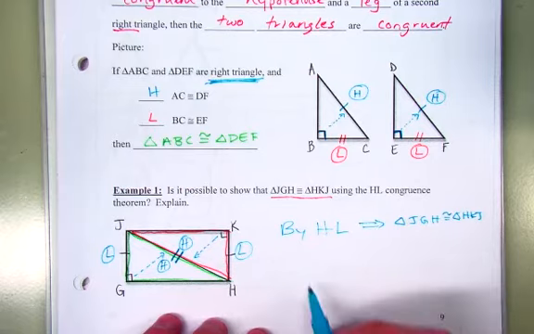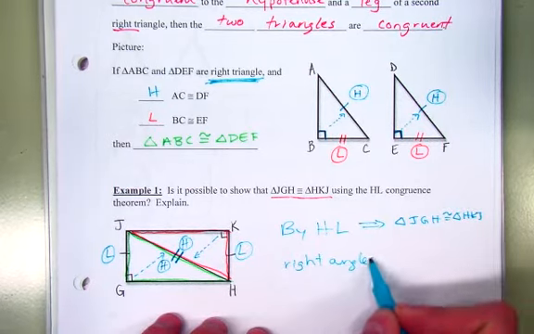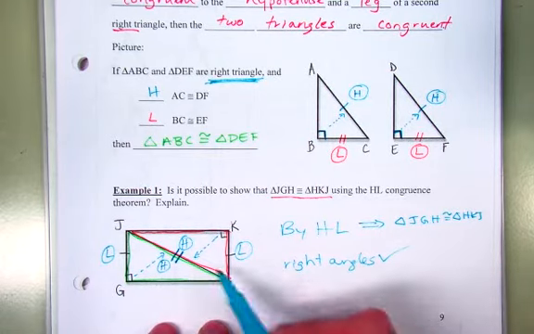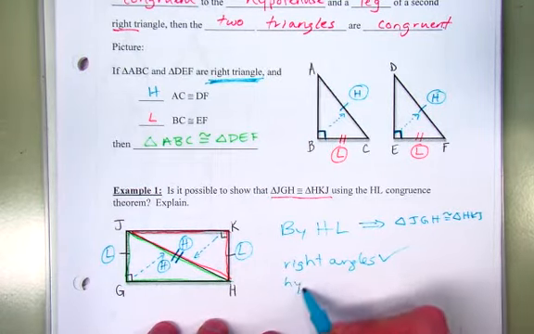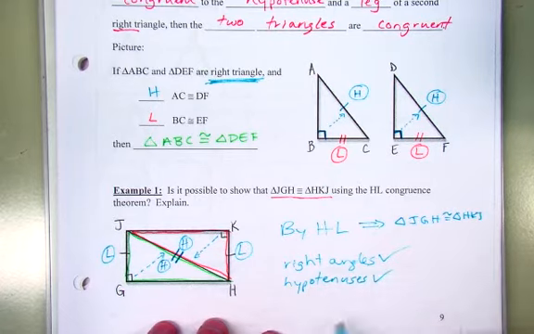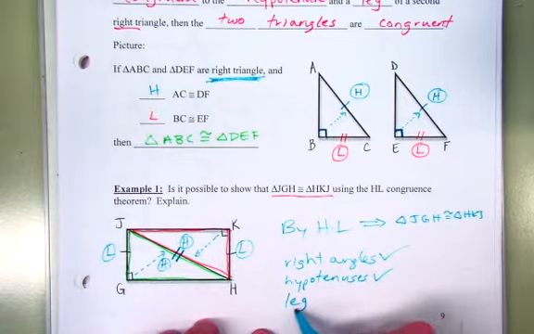And again, that's because we have right angles. We have right angles here and here, which means we can look at the hypotenuses. And we know that we have one pair of congruent legs.